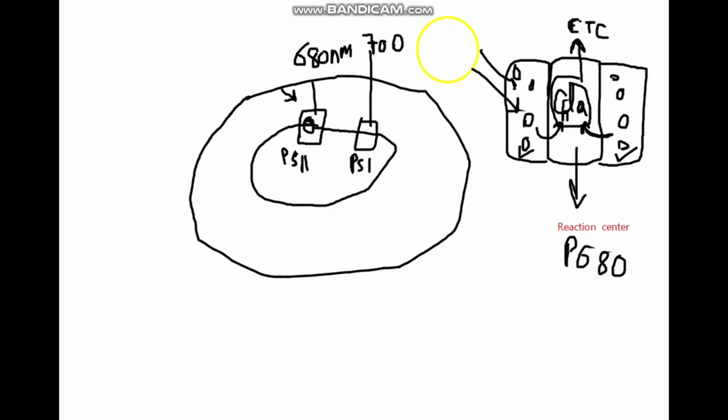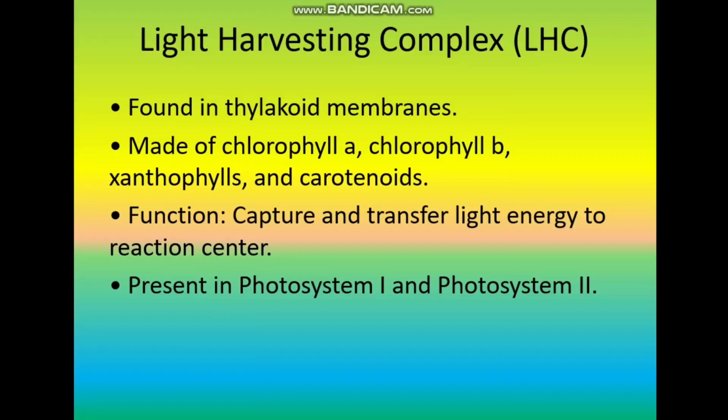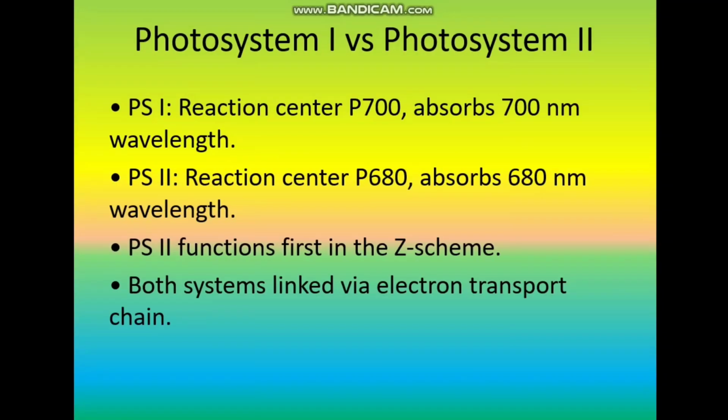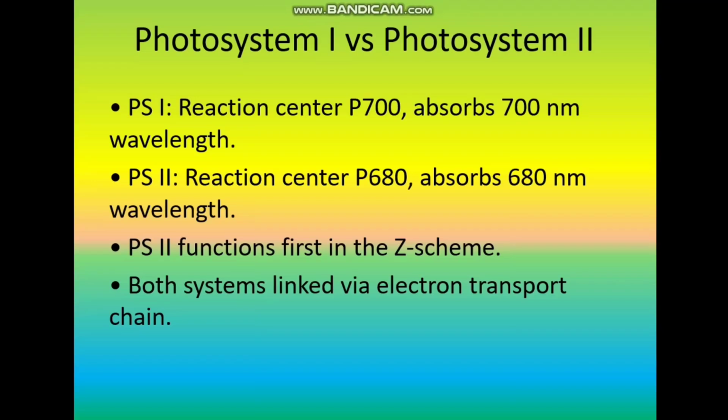So I hope you understand this. Let's have a quick look. Yes, you can go through these points, and here you can see PS1 whose reaction center is P700, and PS2 whose reaction center is 680, right?